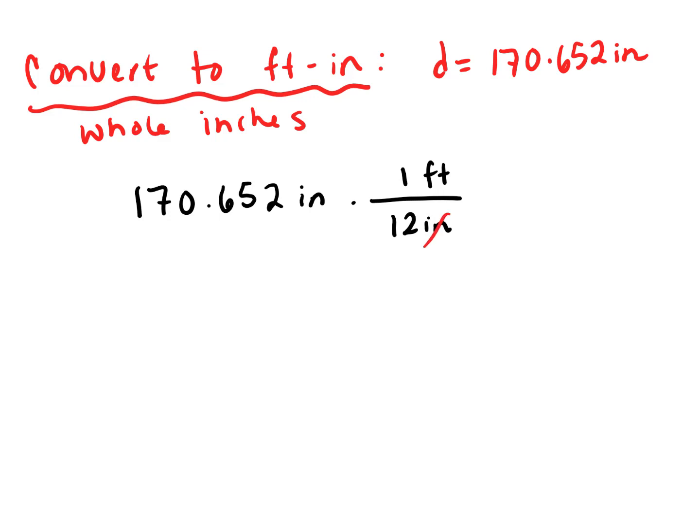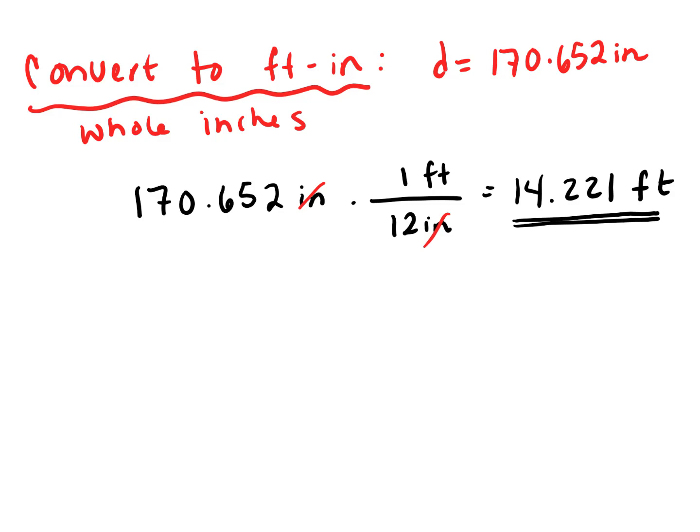The inches would cancel. When I take 170.652 and divide by 12, I end up getting 14.221 feet. Now that's an answer in all feet, but I actually wanted mixed units.